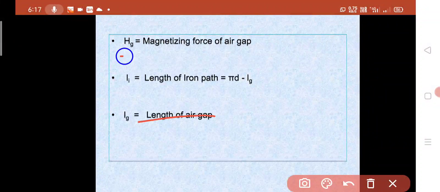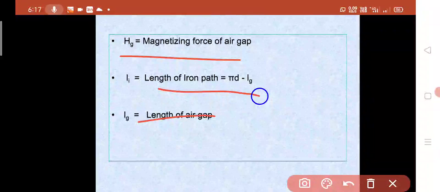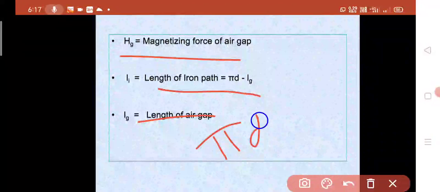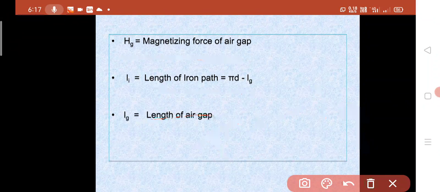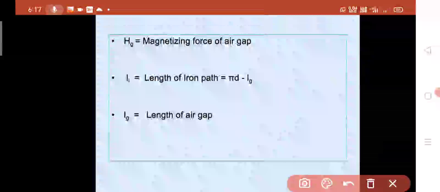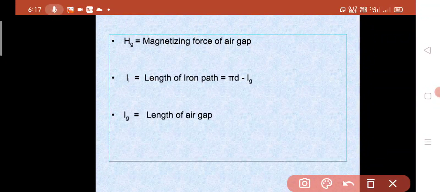Li, the length of the iron path, is equal to pi D minus Lg, where Lg is the length of the air gap.